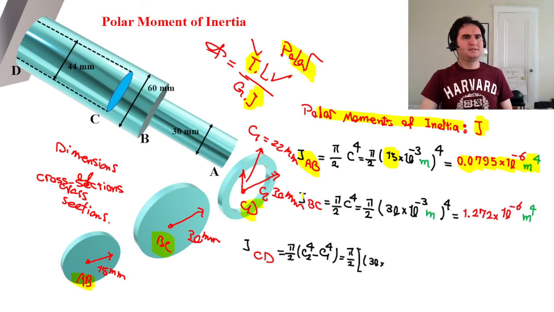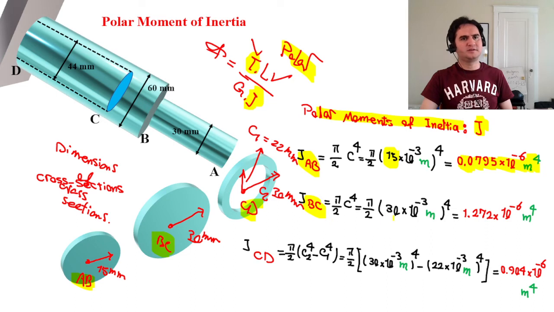Likewise for BC, again that's a solid cylinder with a radius of 30 millimeters, and that gives you this much J. And for CD, which is a hollowed section with C2 of 30 and C1 of 22, if you subtract them from each other, it gives you 0.904 times 10 to the negative 6 meter to the power of 4.